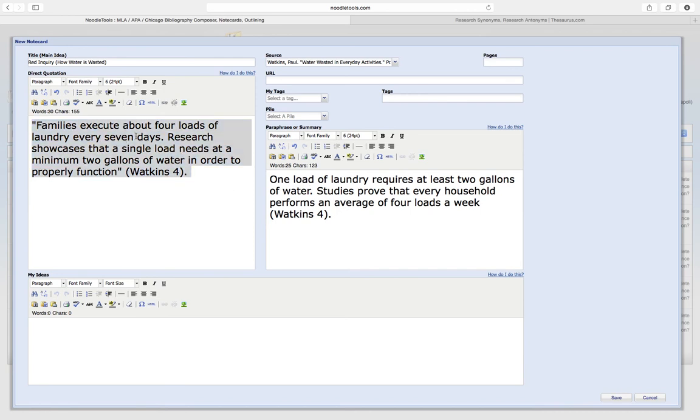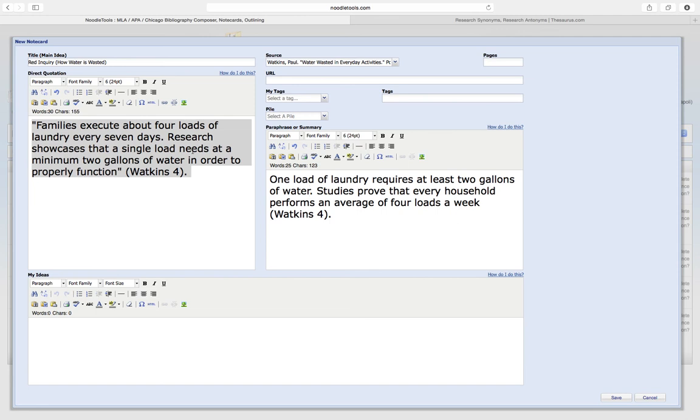And I kept the meaning of what Watkins was saying, except I used my own words, and I made sure that my paraphrase did not repeat what Watkins stated. So again, Watkins' quote is saying that families execute about 4 loads of laundry every 7 days. That means most families use 4 loads of laundry a week.